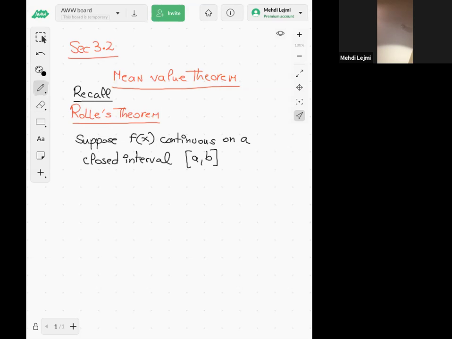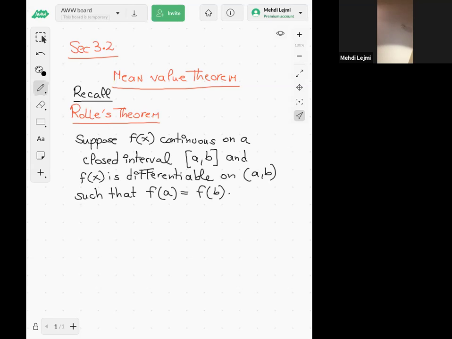It's continuous and of course differentiable, because we're going to use the derivative. When I say f of x is differentiable, it means that the derivative of f of x exists. So it's differentiable on the open interval (a, b), where I exclude a and b, such that f of a is equal to f of b.